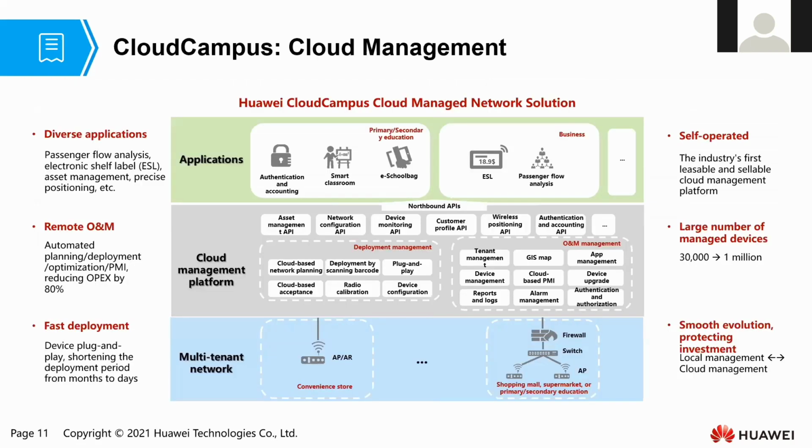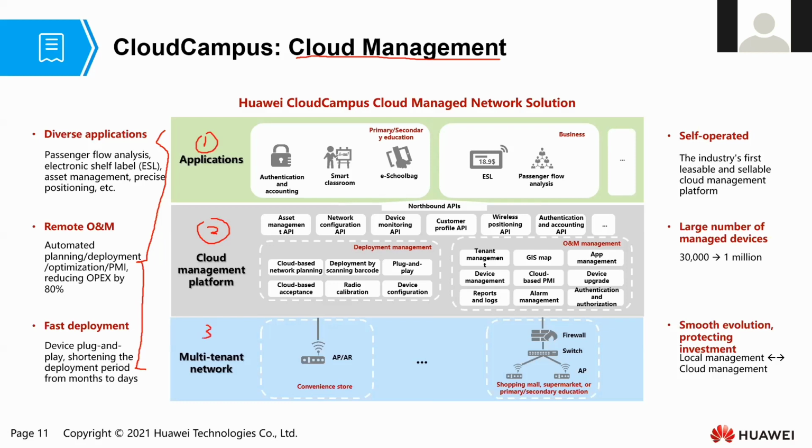So let's go through the first solution briefly. The first solution we have here is the cloud management. This is the overall architecture for the cloud management solution of Cloud Campus. Basically, we have three layers. The first layer is application. The second layer is the cloud management platform.